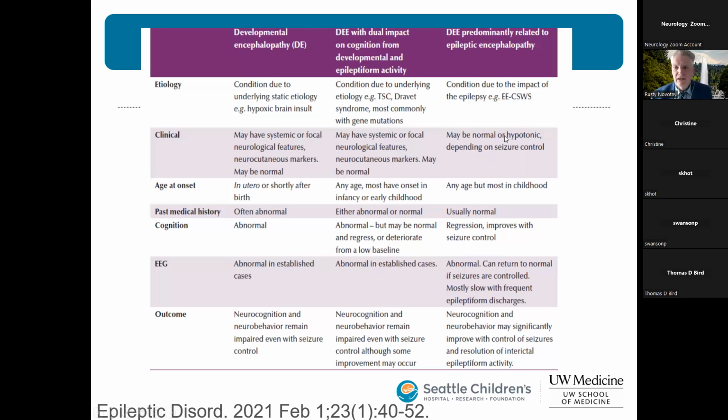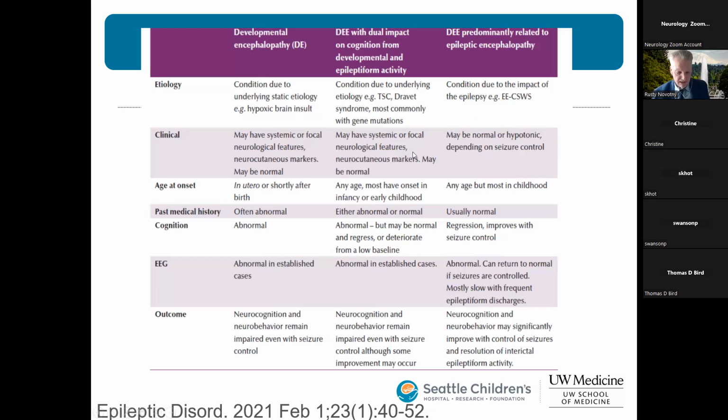And then what we sometimes refer to as the epileptic encephalopathies often have abnormalities early on. They can have onset at any age, but most often occur in early childhood. They often have regression, but often improve if you can get seizure control.